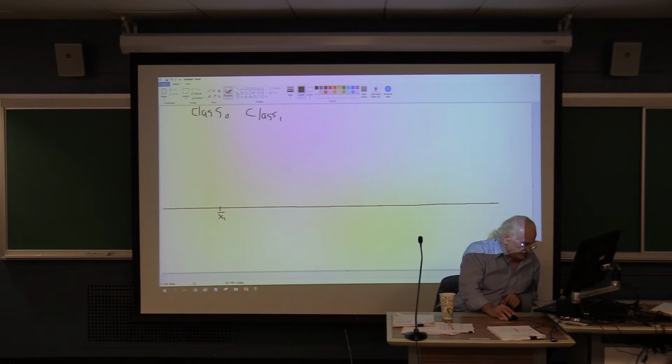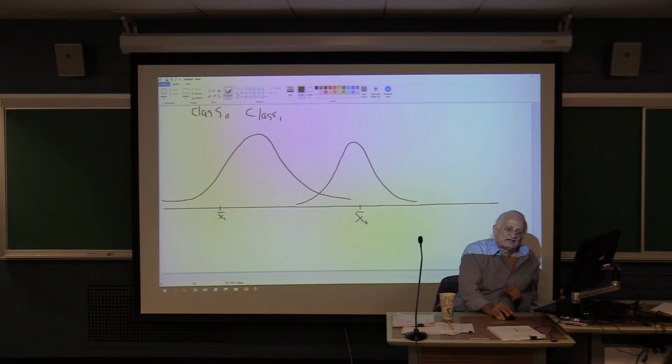And here is the average of class 0. Now, if I take variance into consideration, class 1, if it has a large variance, the distribution can look like this. And this one can have a smaller variance. The graph is like this.